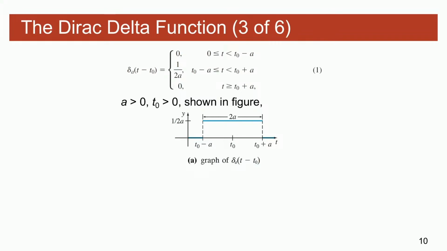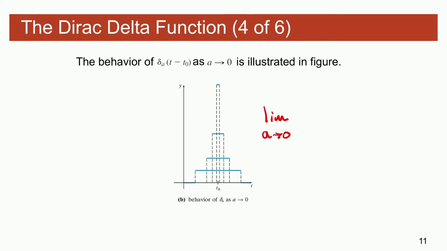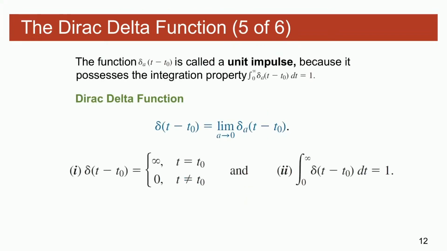You can think of this as just 2 unit step functions that are combined, so you go up and then you go down. And if you take the limit as a goes to 0, then you get the delta function. So the delta function itself is just the limit of some unit step functions, and because of that, you can relatively easily figure out the Laplace transform of this thing.